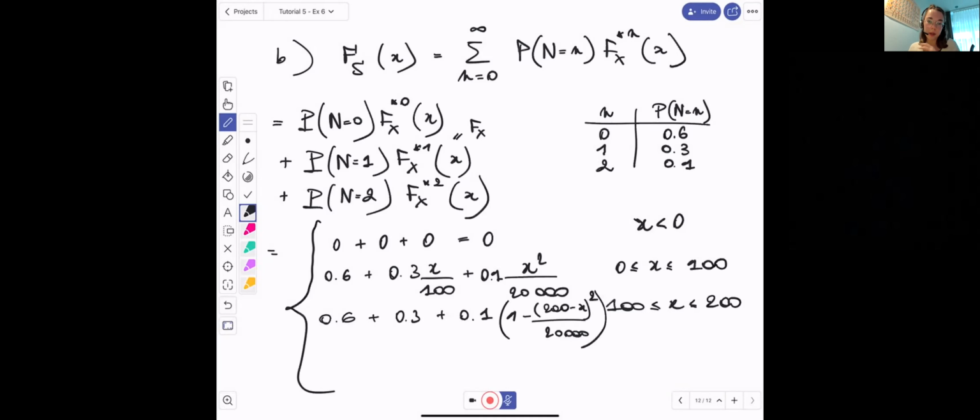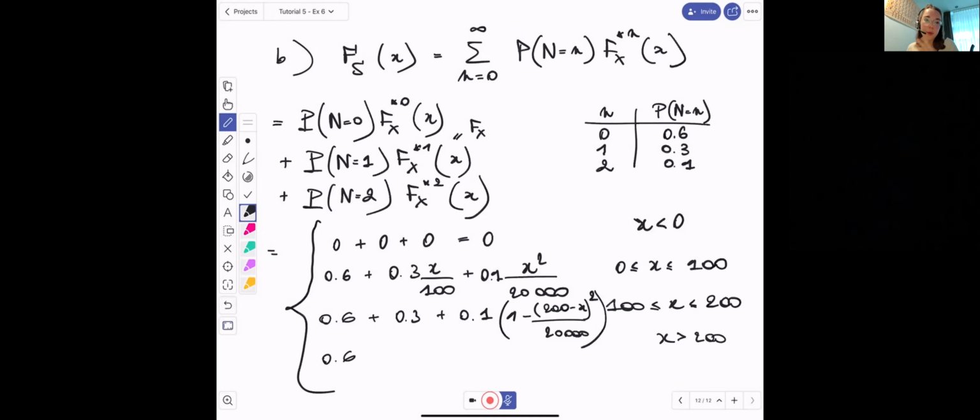Then for the fourth and last part, x larger than 200, we again have 0.6 from the zerofold convolution.